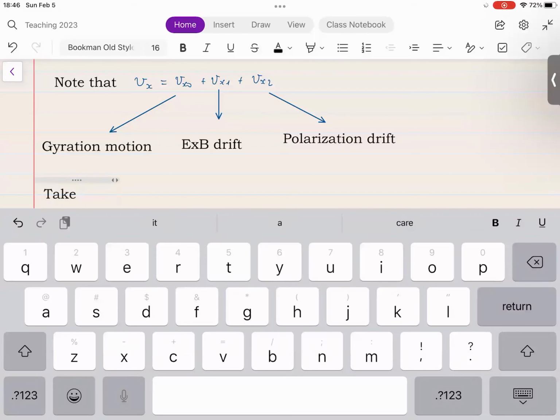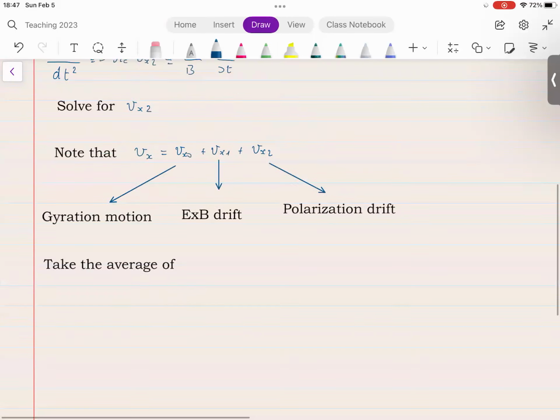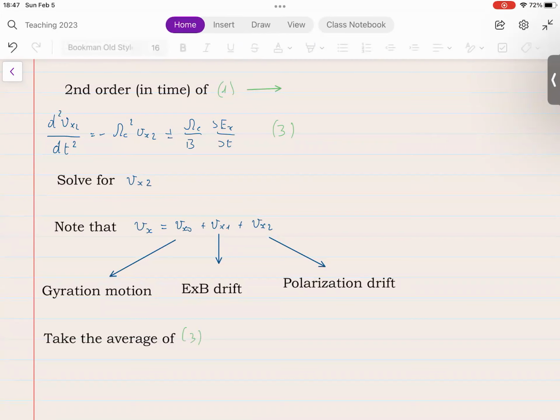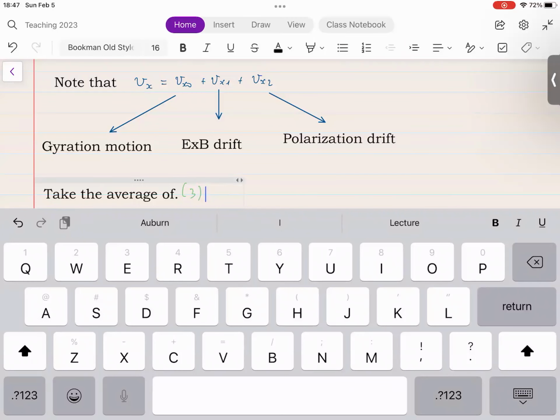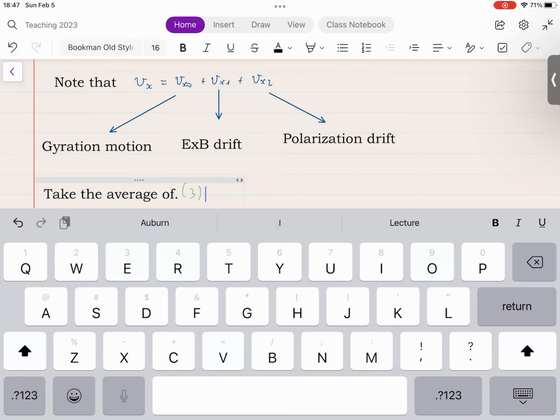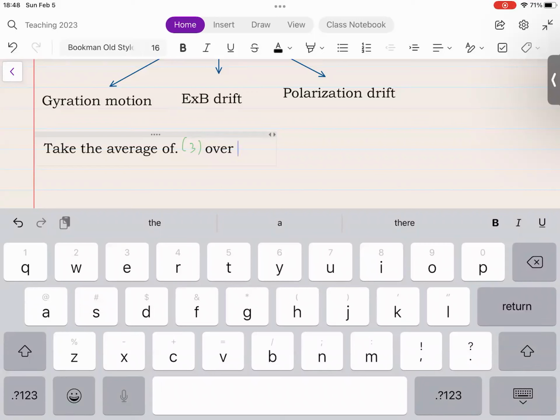What we're going to do, I'm going to take the average of this equation, let me call it 3, over a gyration period.